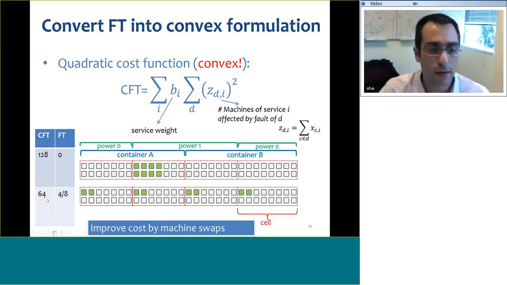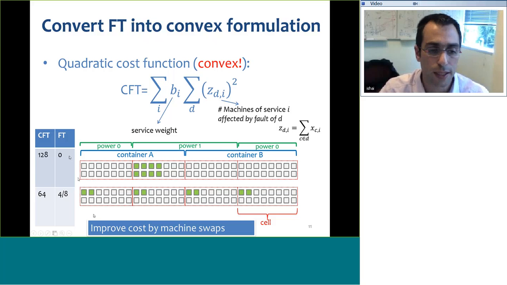On the other hand, the configuration in which we spread things around, of course, gives us a value of that cost function of 64. Basically, we can do the math, but we have 16 times 4, 4 squared times 4 for the four different types of domains that we have.